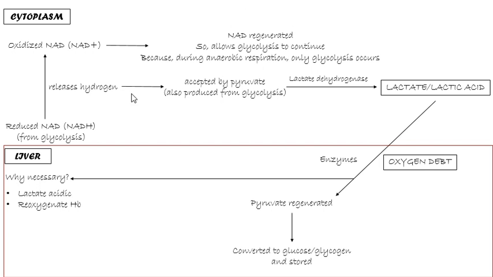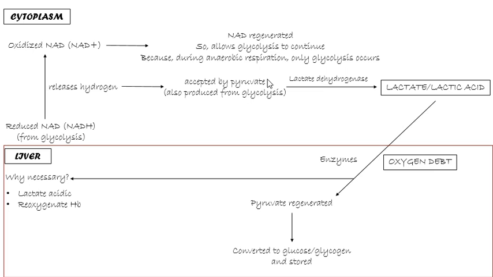Now that you know why the regeneration of NAD coenzyme is necessary, let's look at what happens to the hydrogen released by reduced NAD. The released hydrogen cannot exist on its own, and therefore it is accepted by pyruvate, which is also produced from glycolysis. Once again, looking back at chemistry, whenever a compound accepts or gains hydrogen, it becomes reduced.